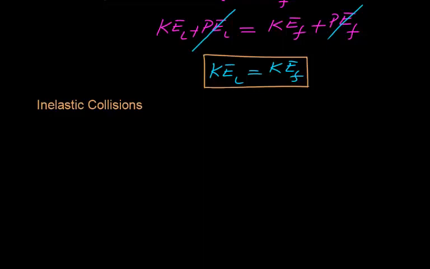Because of that, the total energy cannot be conserved anymore, because some of that energy has been converted into heat and damage, etc. The only conservation law that is true if the collision is inelastic is the momentum. P initial equals P final. You cannot, in these cases, equate the energies because the energy is not conserved.